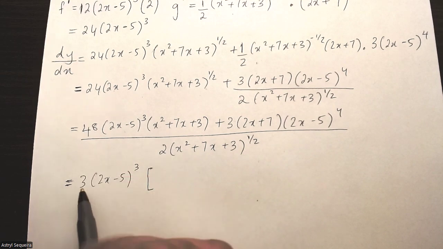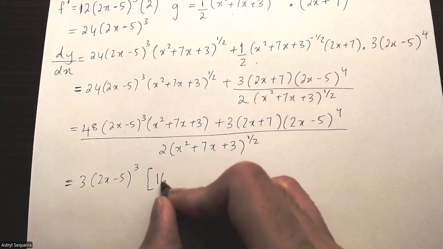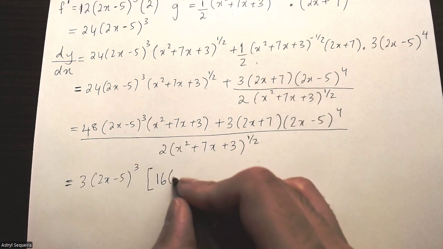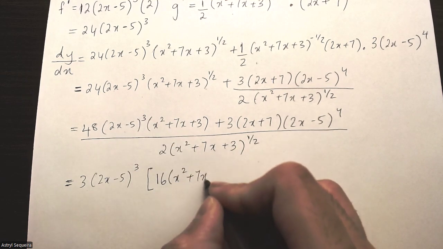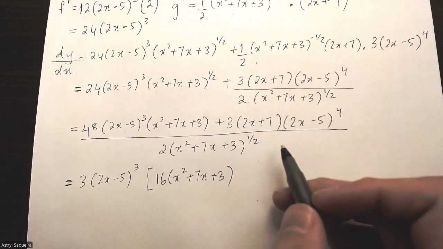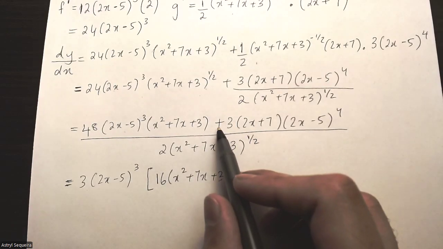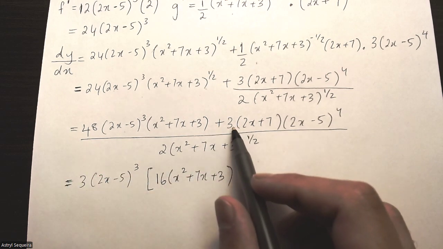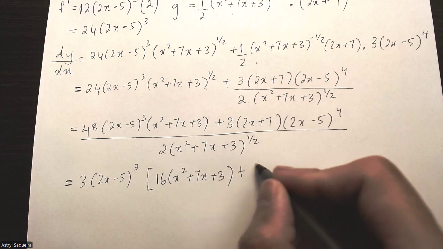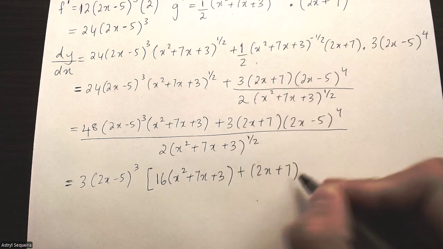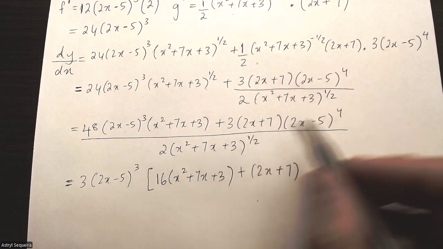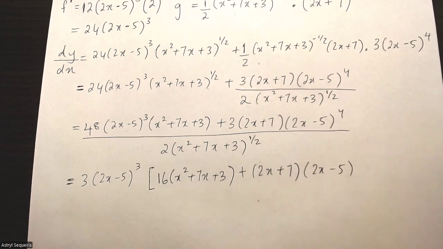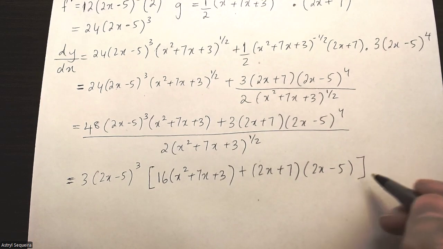If I do 48 divided by 3, that's 16. This whole thing will just disappear, and then I'm just left with x squared plus 7x plus 3. And then over here, if I common factor out 3, the 3 just disappears. So I'm just left with 2x plus 7. And if I common factor out the power of 3, I'll just be left with 2x minus 5 to the power of 1, which I don't need to write the 1.